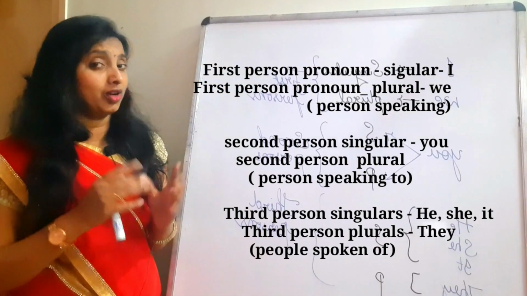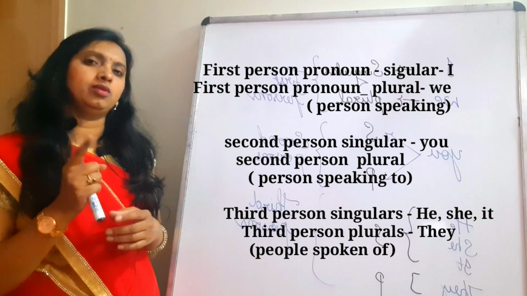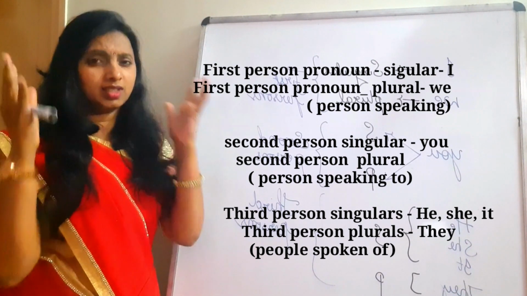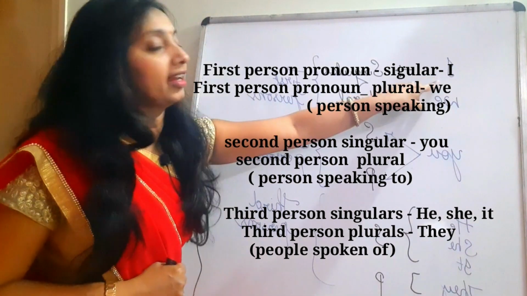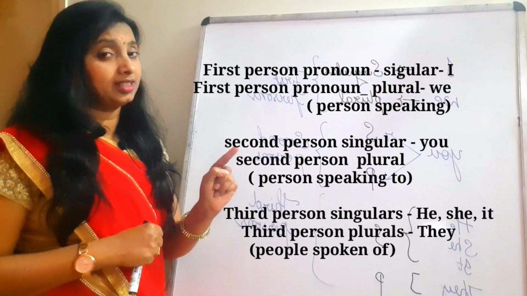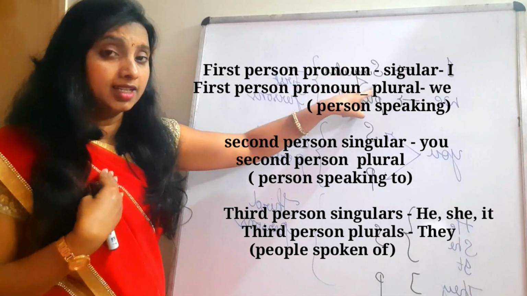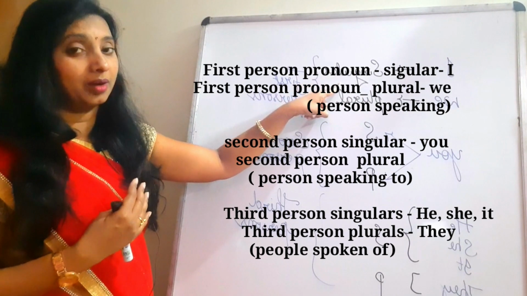Now, you know what are personal pronouns? Have you heard of first person pronoun, second person pronoun, third person pronoun? I'll tell you. I means I, right? So, is it singular or plural? This is one person, so it is singular.